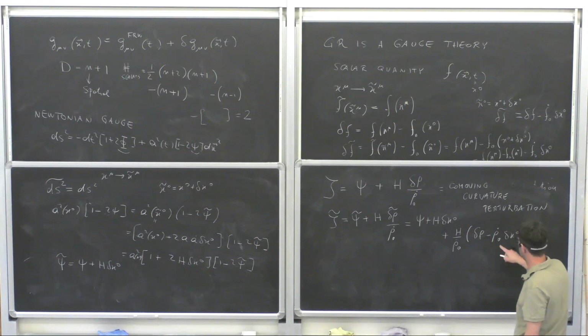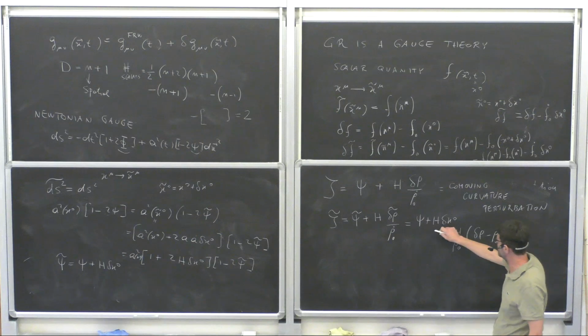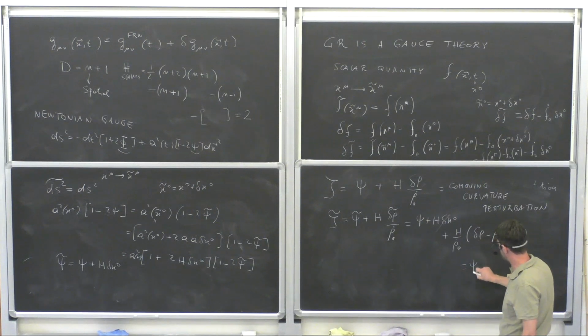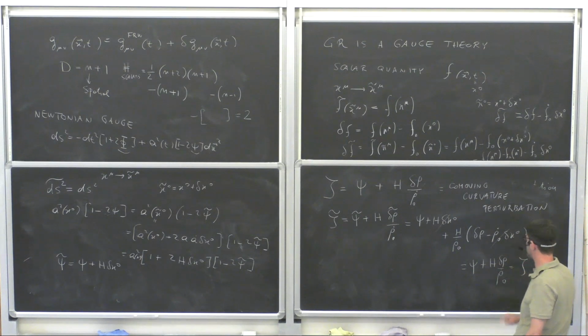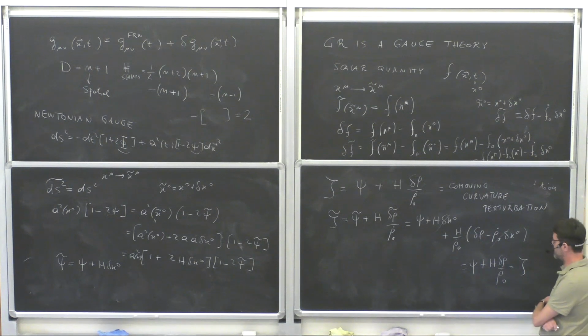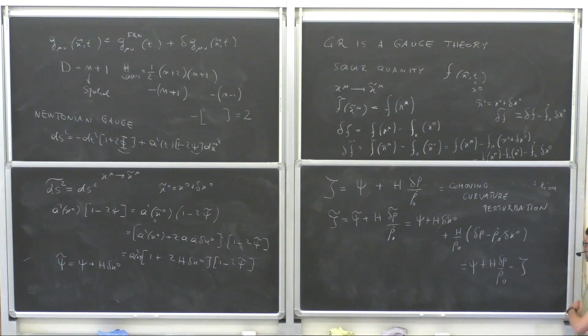And you see that these terms cancel, and this is equal to psi plus h delta rho divided by rho dot 0, which is our zeta we started from. Okay? So the zeta, this quantity, is gauge invariant. So if I am able to compute the power spectrum of it, it won't depend on the coordinate system.